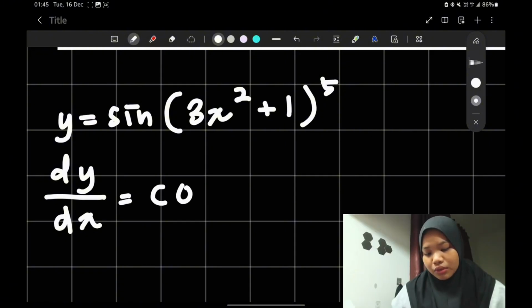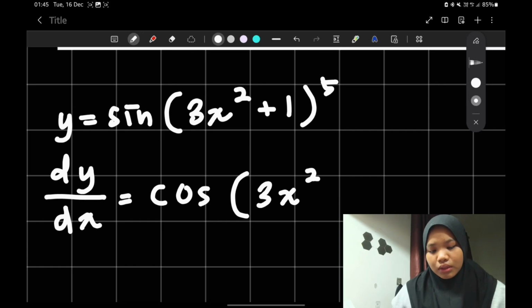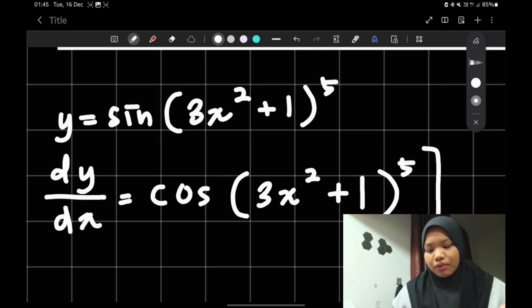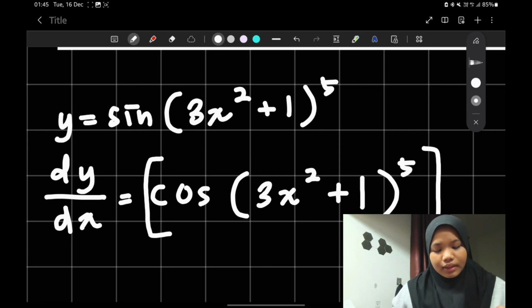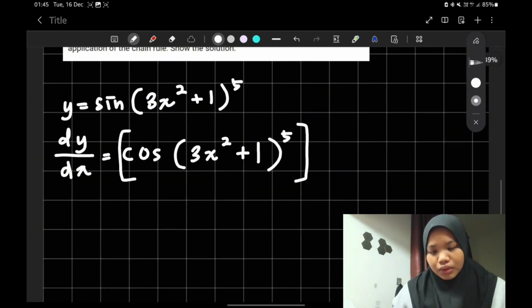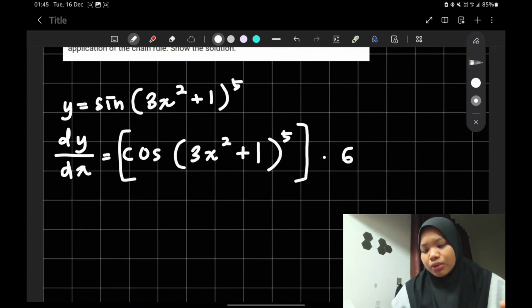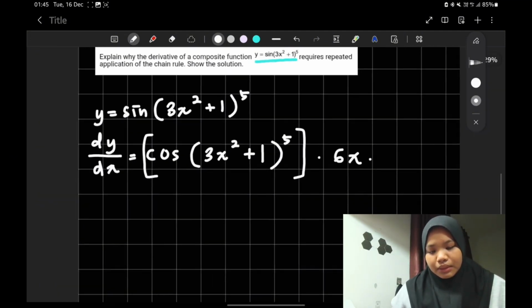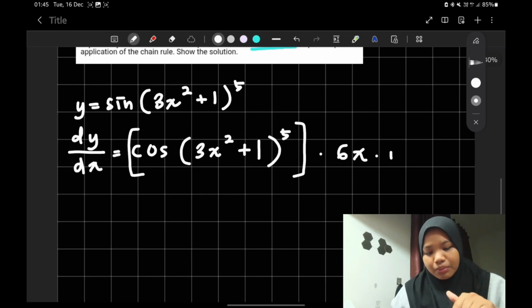The derivative of sin is cos, so write it back (3x² + 1)⁵, and then differentiate x² + 1, so it will be 6x, and multiply it with 5 and (3x² + 1) to the power of 5.